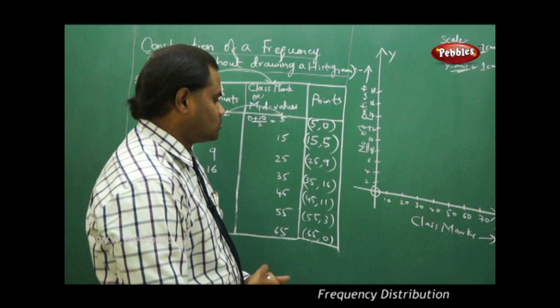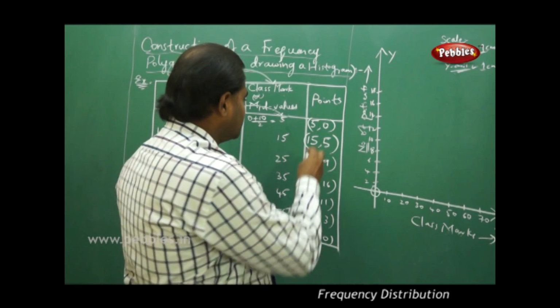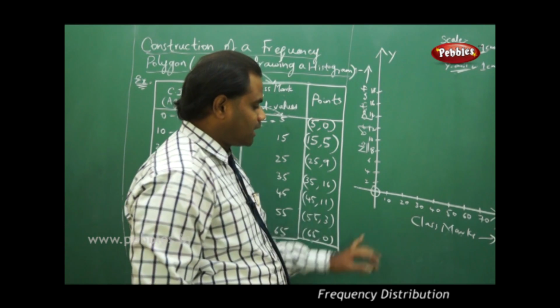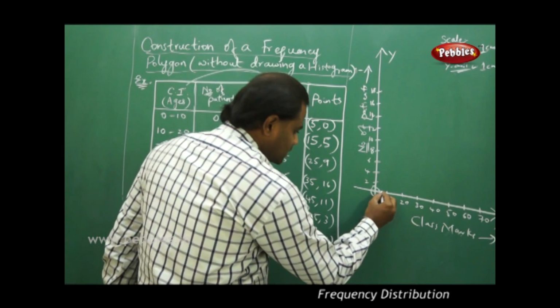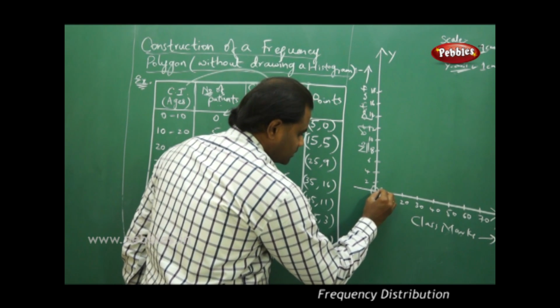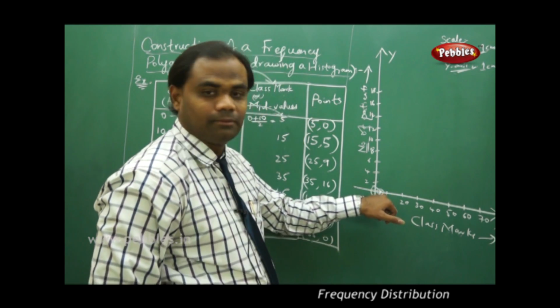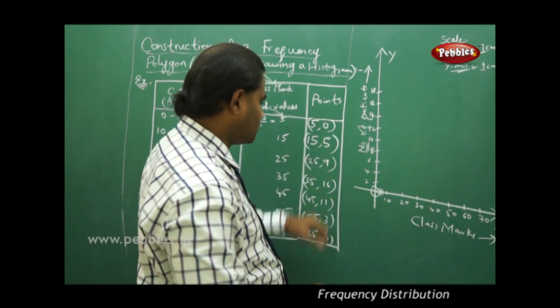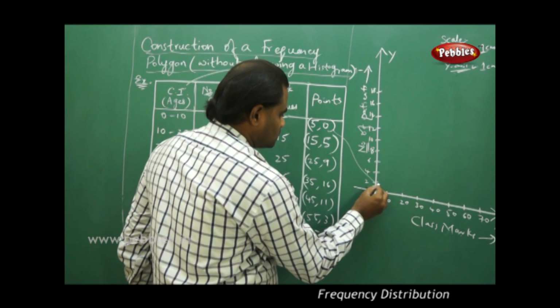Now next, to proceed with plotting of the points, I take the first point, which is (5, 0), and identify where it lies, as I clearly see that it lies between 0 and 10. So (5, 0) is a point which lies out here. This is the initial coordinate.